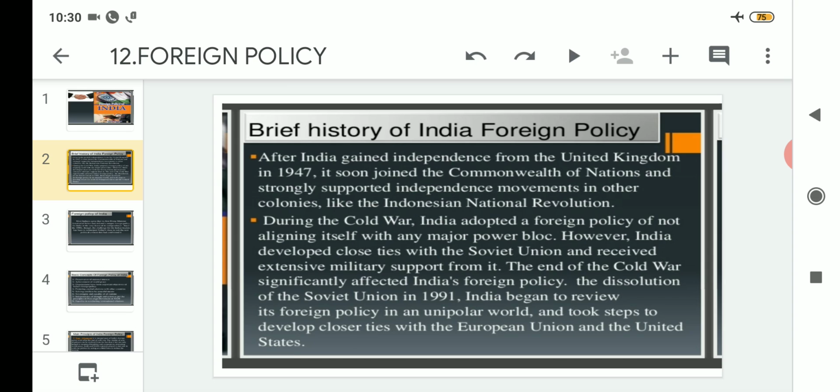After independence, and after helping other countries gain theirs, came the Cold War, which started after the Second World War, if you remember, from 1939 to 1945. After that, two major power blocs came into power.